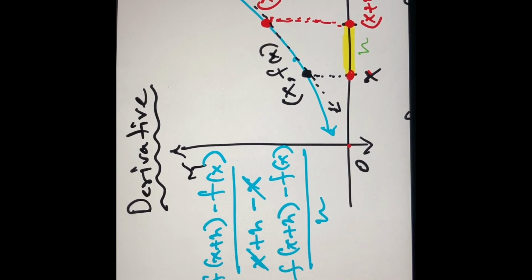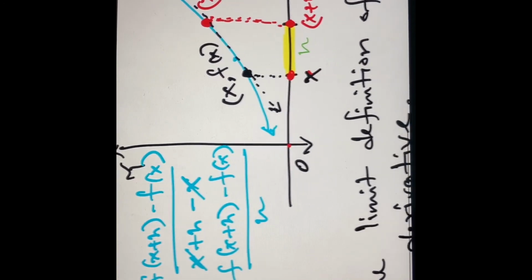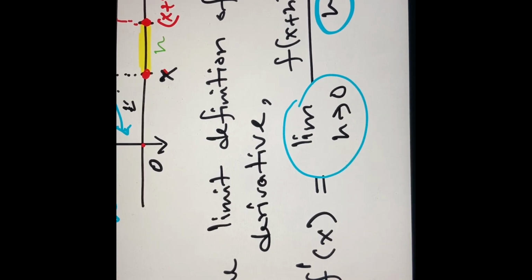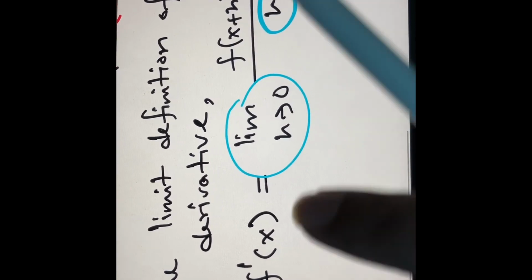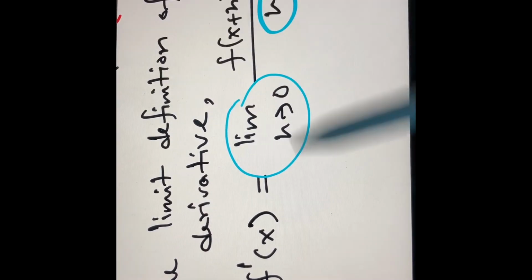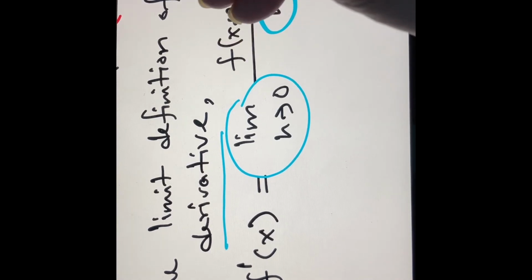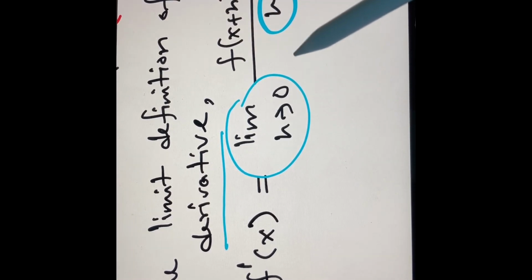All right, so I hope now it makes some sense. So again, the idea is simple. The derivative gives us the slope.